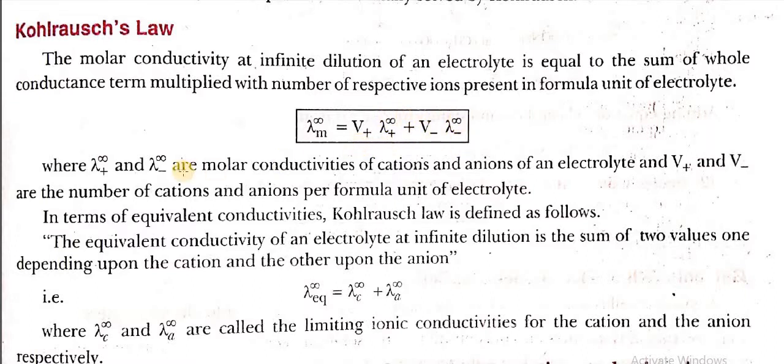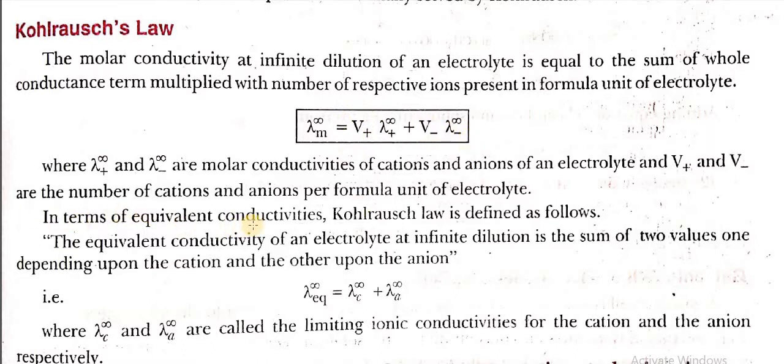Now over here, lambda plus and lambda minus at infinite are molar conductivities of cations and anions. So positive one is cations and the negative one is anions of an electrolyte, and v plus and v minus are the number of cations and anions per formula unit of electrolyte respectively.